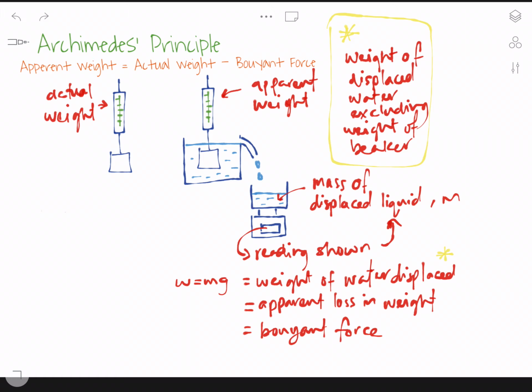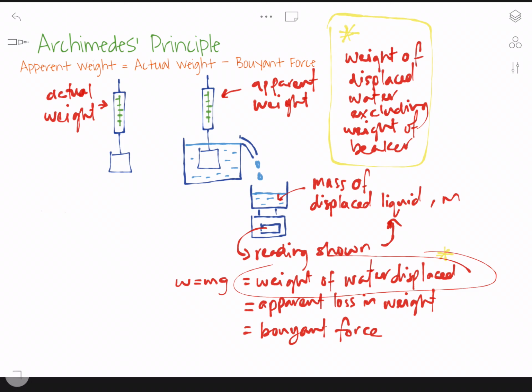And when we already have the mass, the reading shows the mass of displaced water, we can apply it in this formula. Then we will be able to find the weight of water displaced.